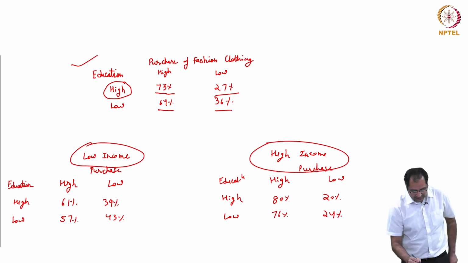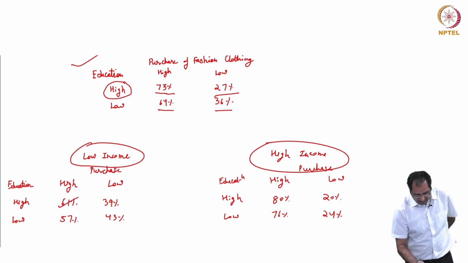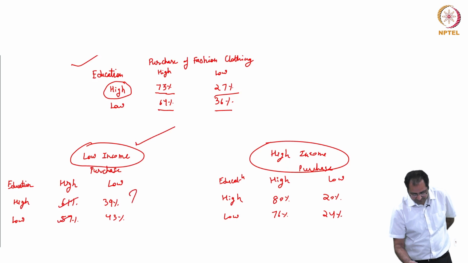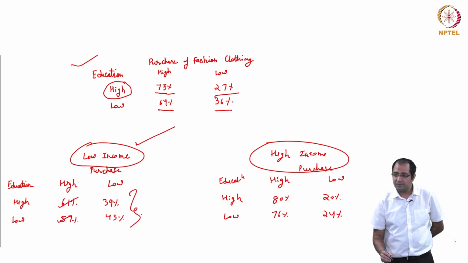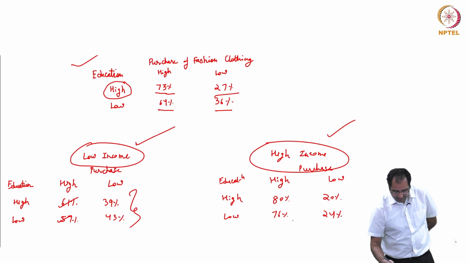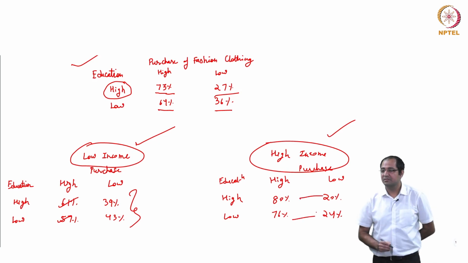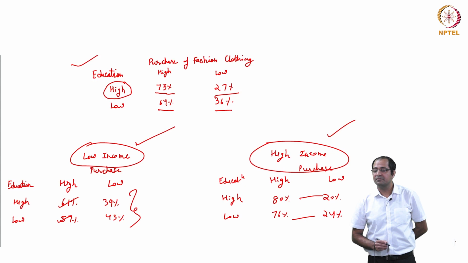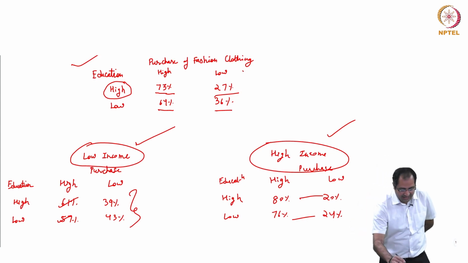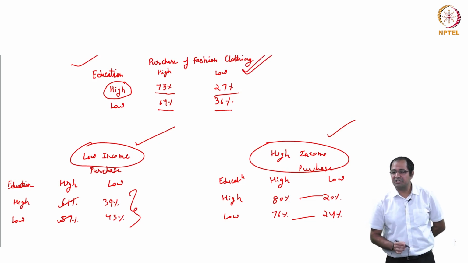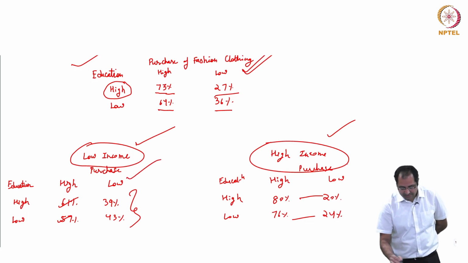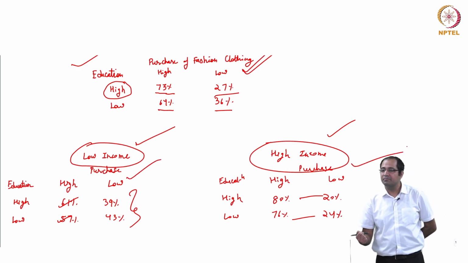What was found is that for the low income group, high education and low education look almost similar. For the high income group, the difference is almost similar. So the effect that you are getting for this one goes away when you introduce income.